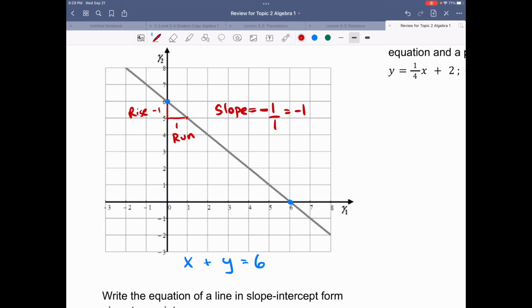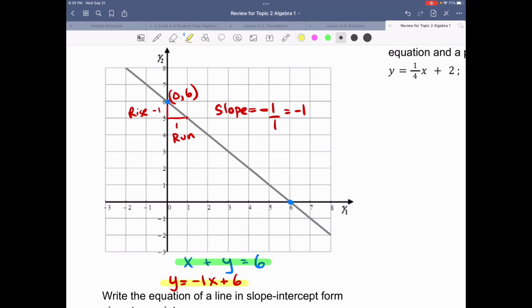So another way I could write the equation is the slope-intercept, because I have slope is negative 1, x plus my y-intercept is up here at 0, 6. So my b is 6. So there's two different ways to write this equation. This is in standard form, this is in slope-intercept form.